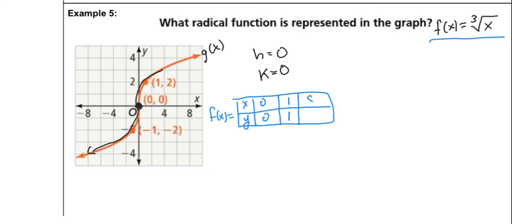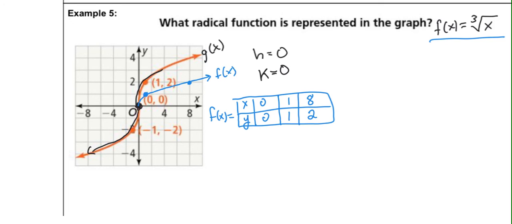And then we also know the cube root of 8 should be 2. They go by 2s, so be careful. So (1, 1) should be on it. All right, that's (1, 1). And then (8, 2) should be right here.